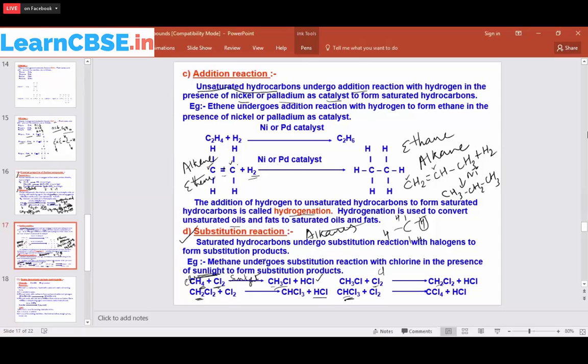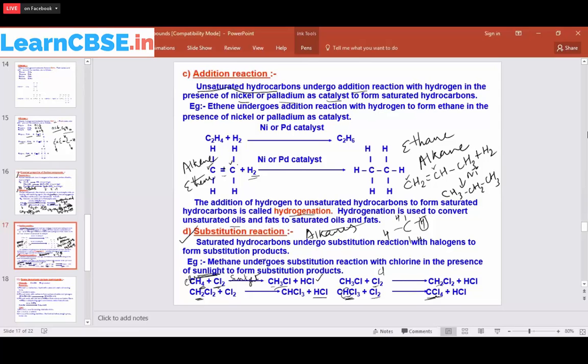The chloroform, the trichloromethane, again if you treat it with one more chlorine molecule, this hydrogen is replaced with one more chlorine. So it becomes CCl4. This we call tetrachloromethane, because tetra means 4, so 4 chlorine atoms are present.